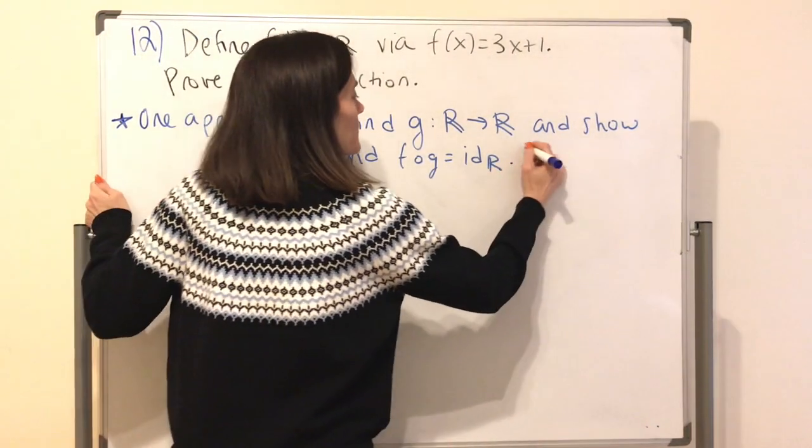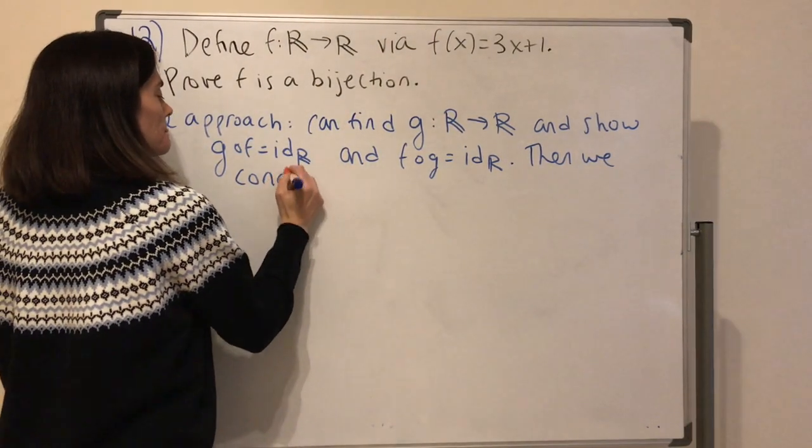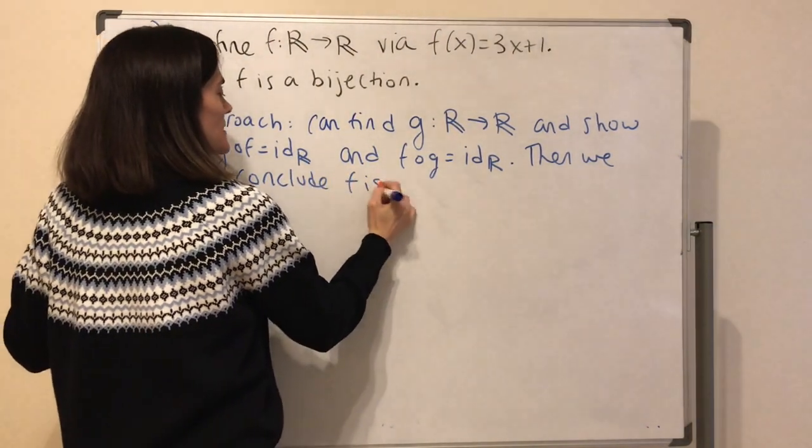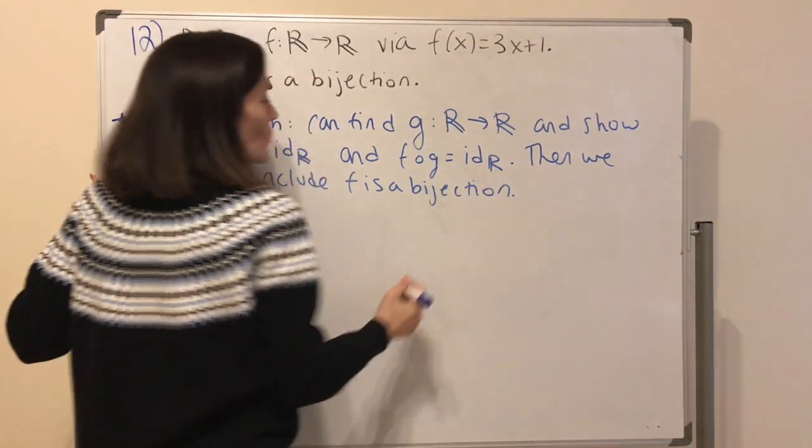And then we conclude F is a bijection. In fact, we know more than that.